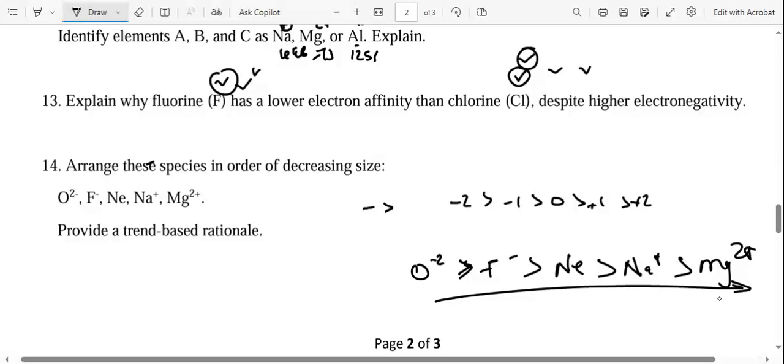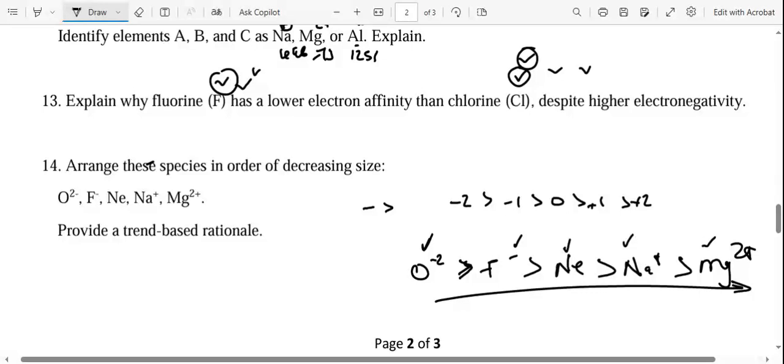The size depends on the electrons. Here you have added more electrons, here again also you have gained, here not that much, and here you have given electrons away. That's the reason why it moves like this.